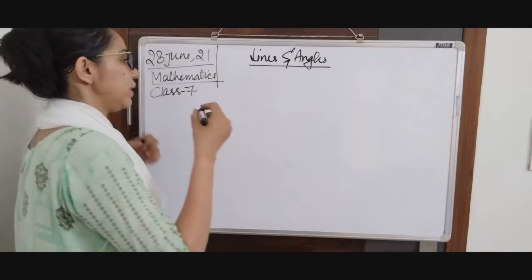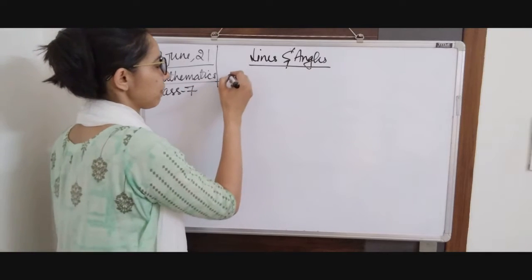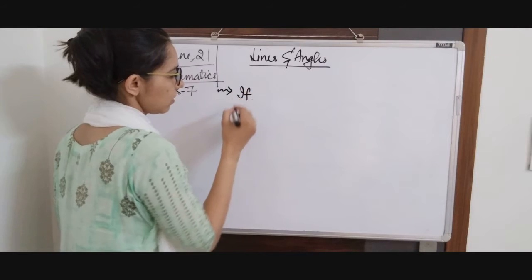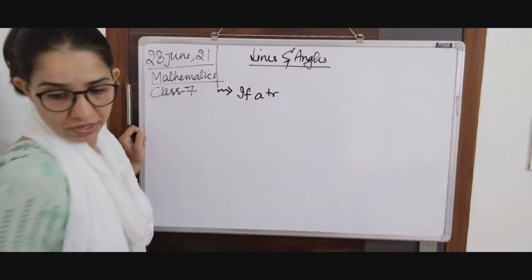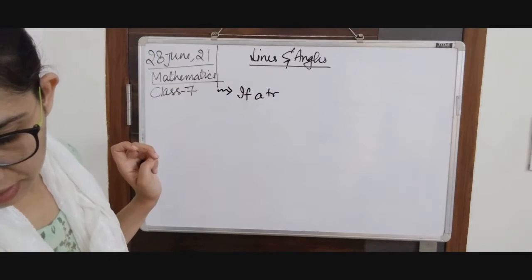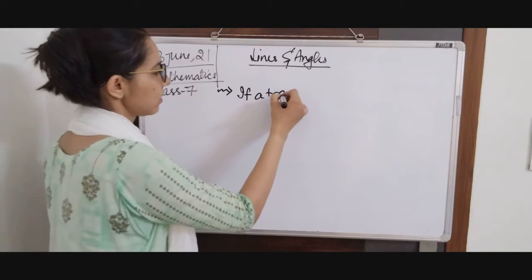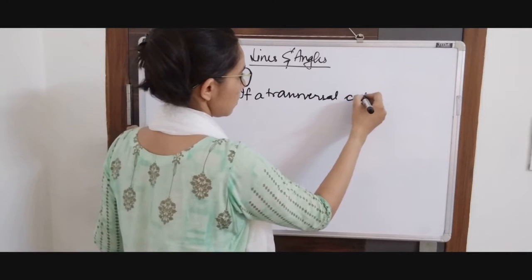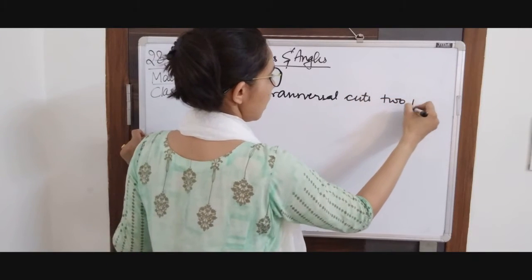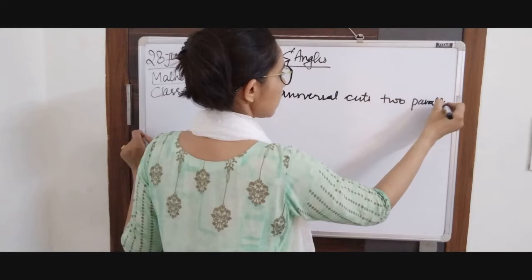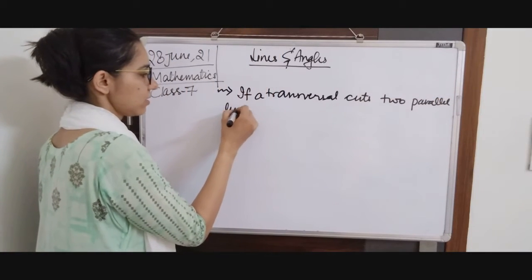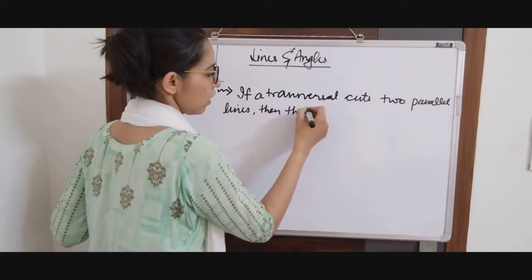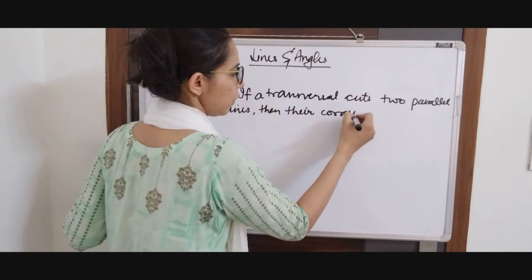So the first property was: if a transversal cuts two parallel lines, then their corresponding angles are equal.